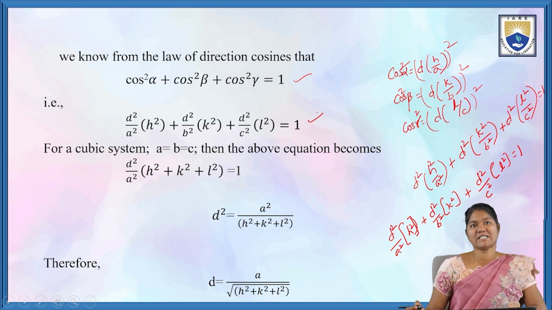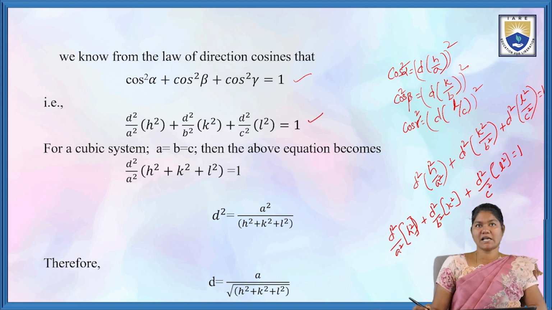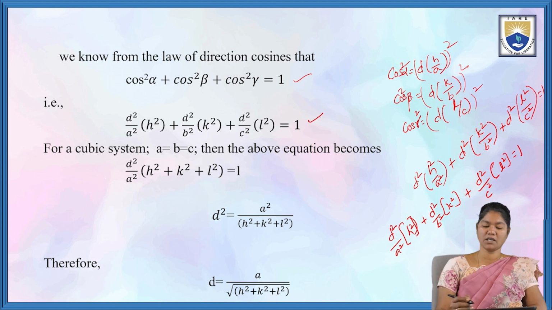So for a cubic system, all three sides are equal. So a is equal to b is equal to c. Then this equation becomes d square by a square into h square plus k square plus L square is equal to 1.